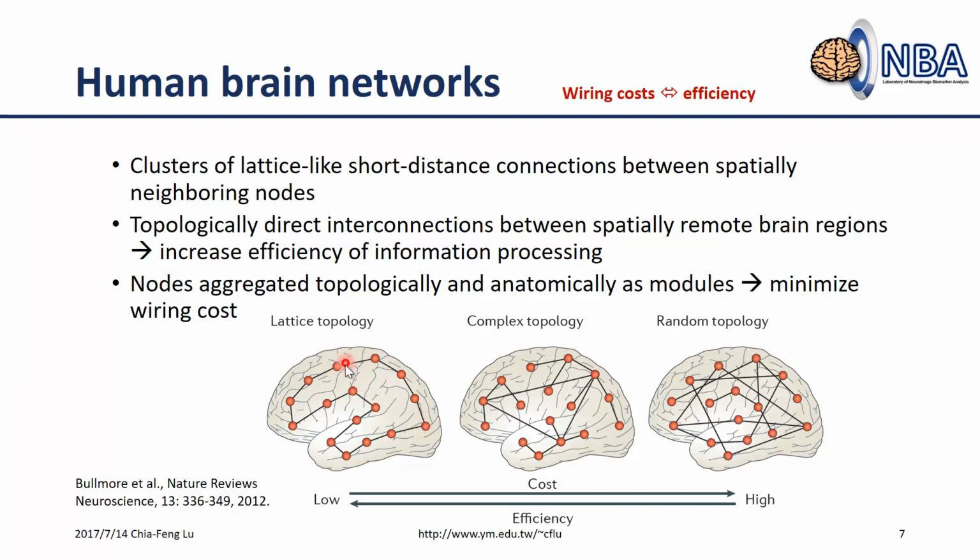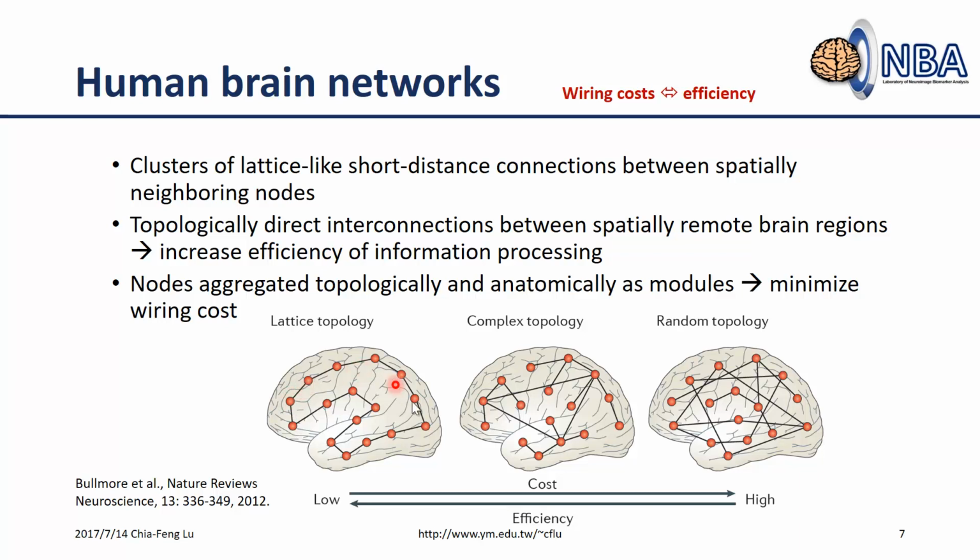You always find short connections connecting the neighboring nodes. So this is the so-called lattice or regular network. It has a simple rule: always connect with your neighbor.